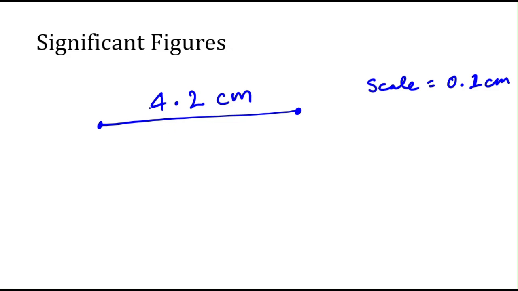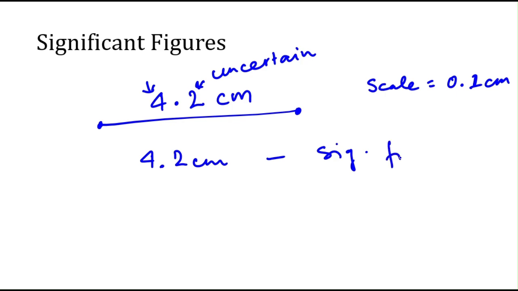So what is happening here? This 4 is a certain digit, and this 2 is uncertain. Combining these two things, we say 4.2 centimeter is the significant figure for this measurement.